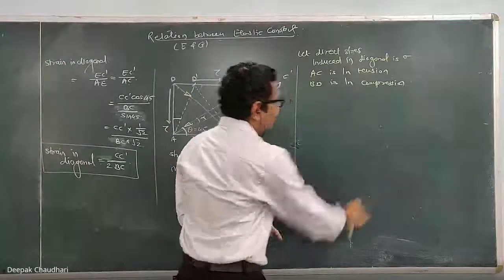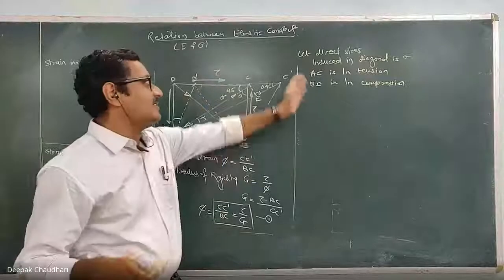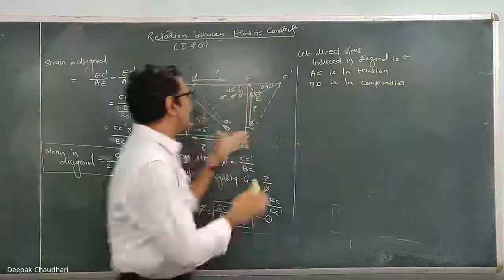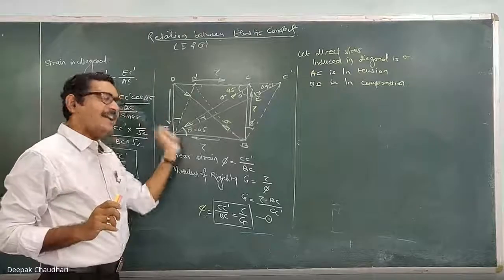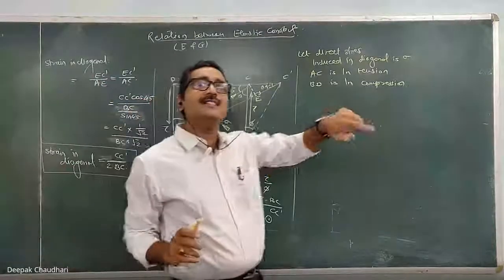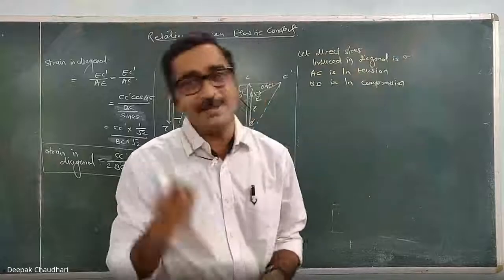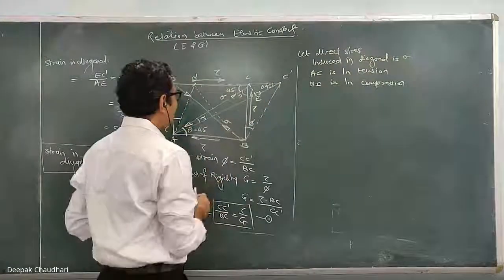I told you to just imagine that AC is in tension and BD is in compression because of this distortion due to the shear stress. I can explain it in another way also by considering the concept of the principal stress. Listen to me.